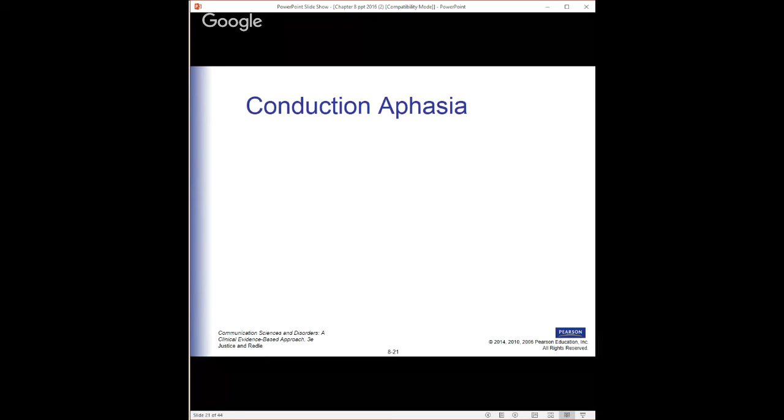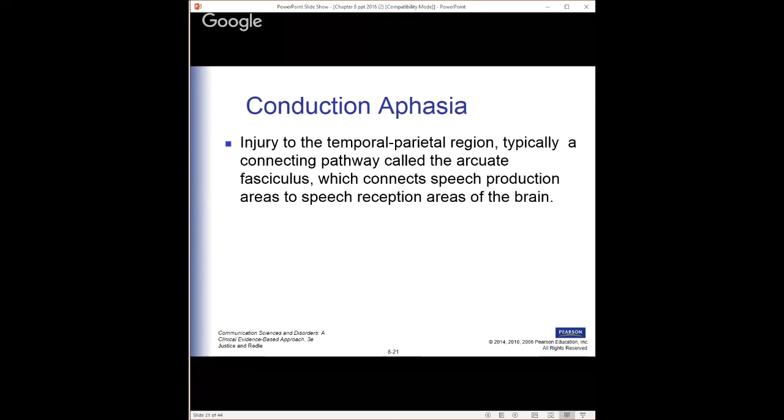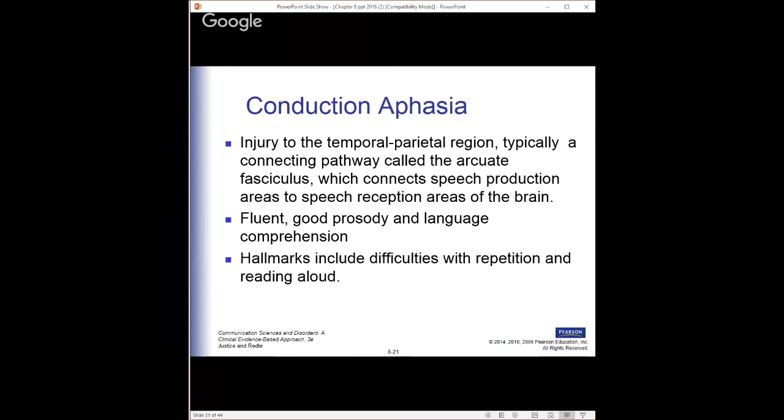Another is conduction aphasia, where injury to the temporal parietal region, typically a connecting pathway called the arcuate fasciculus, which connects speech production areas to speech reception areas of the brain. Fluency will be good. They will exhibit good prosody and language comprehension.